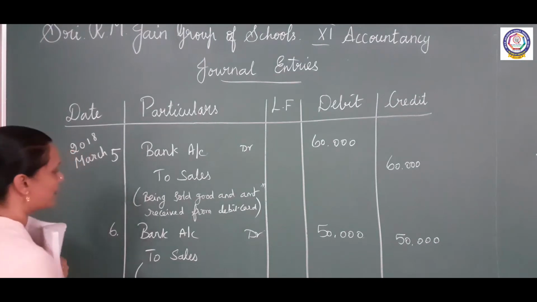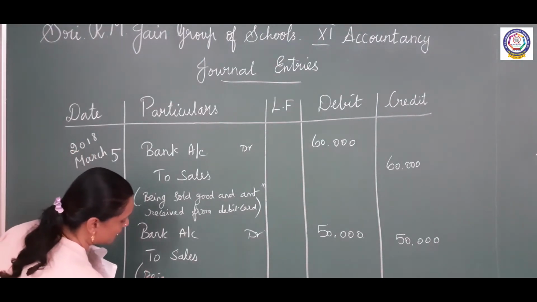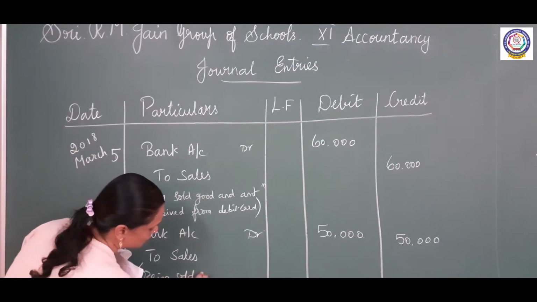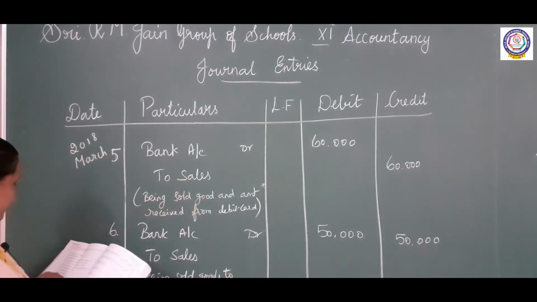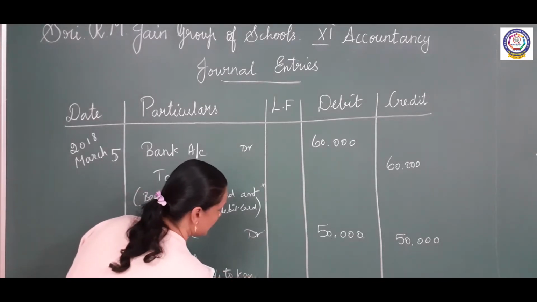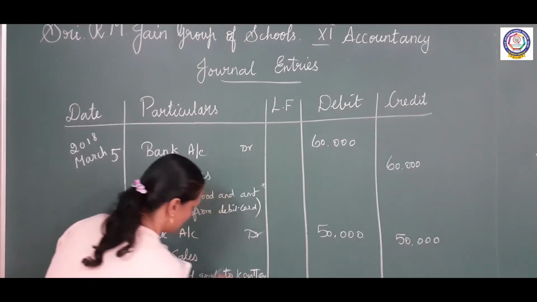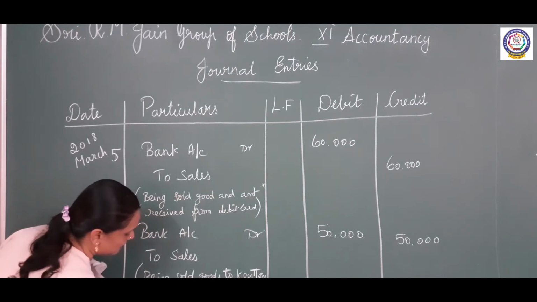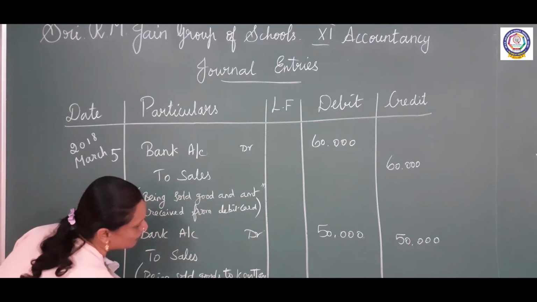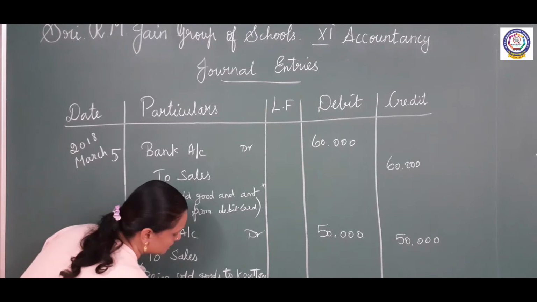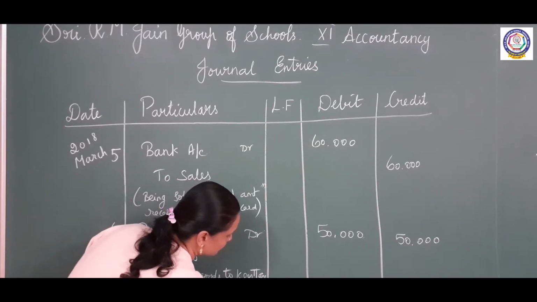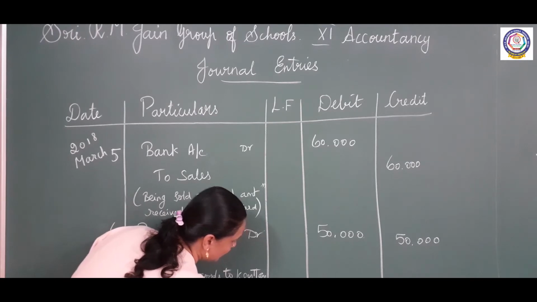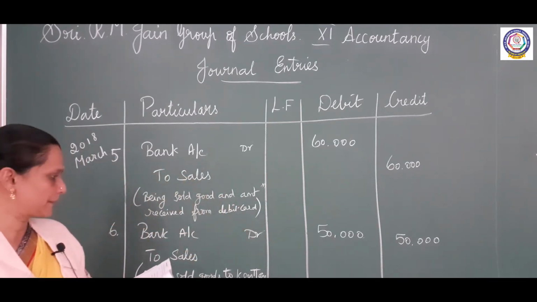Here you have to write being sold goods to Keertana, and amount received from credit card. Like that you have to write.